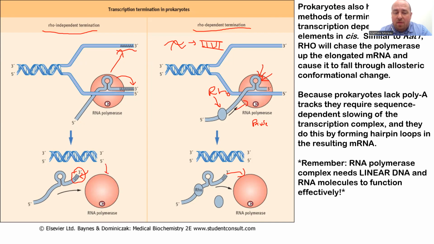And because again, it cannot maintain engagement with that DNA, it can no longer engage with the RNA. So that whole complex segregates and disassembles, dissociates. That's the word I'm looking for. Sorry. And then you get RNA transcription termination.